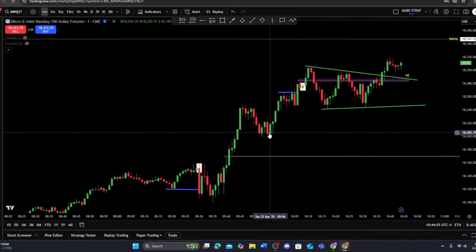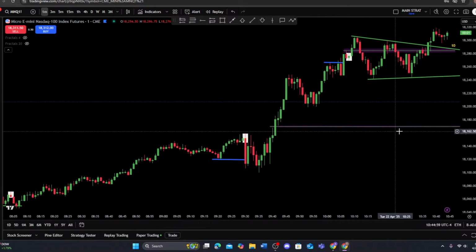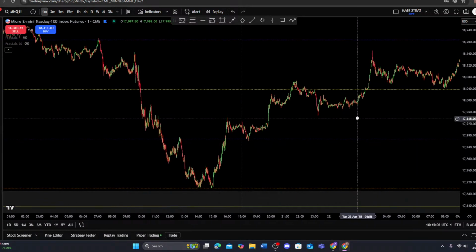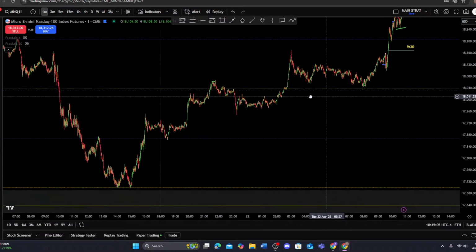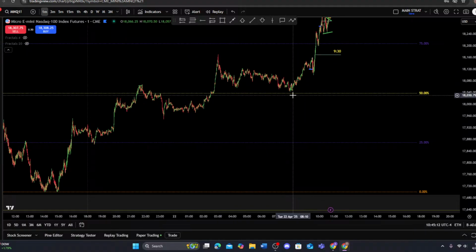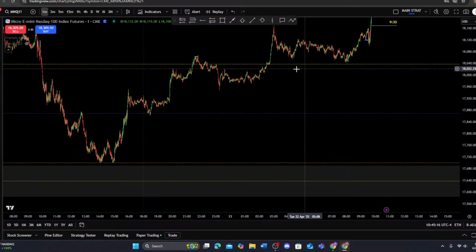around this 70%, 75% level of yesterday's range. So these key areas provide a lot of interesting trades around these areas. It can even be inverse, as resistance or support.